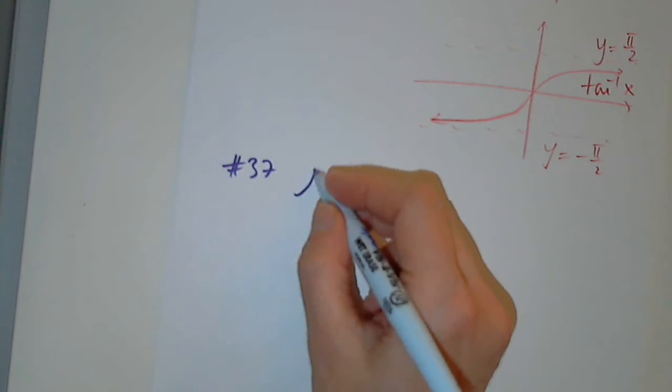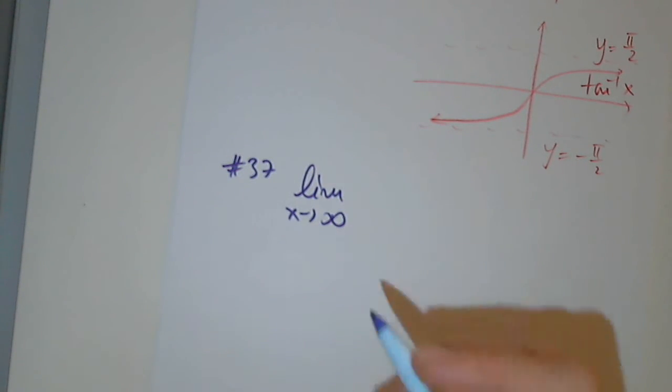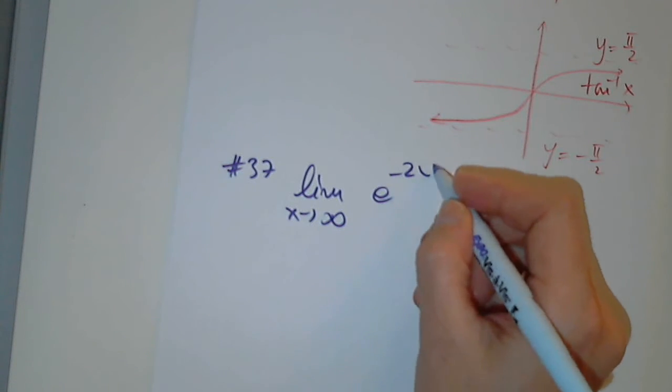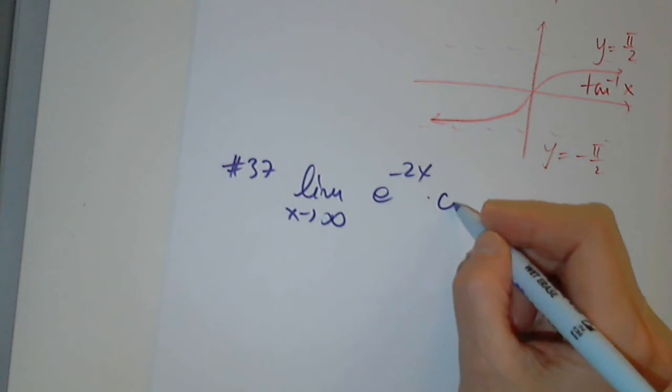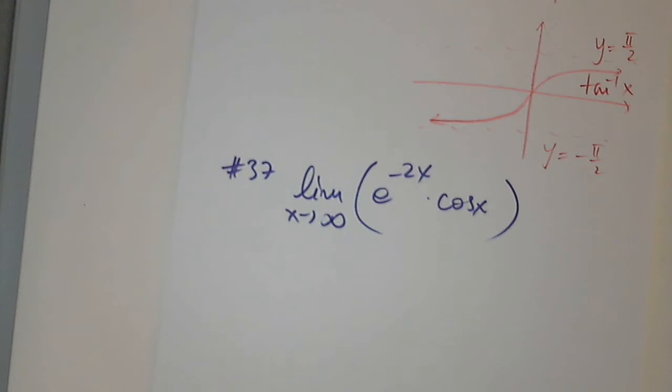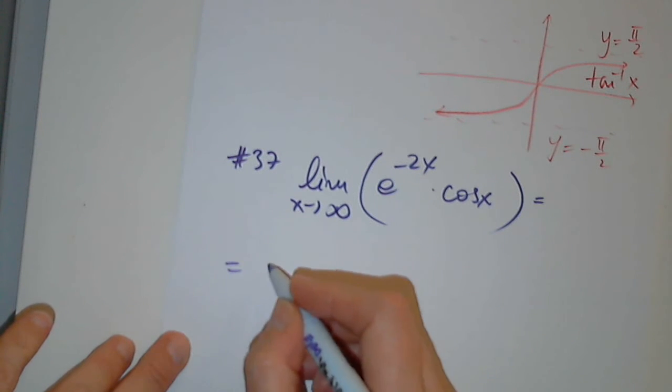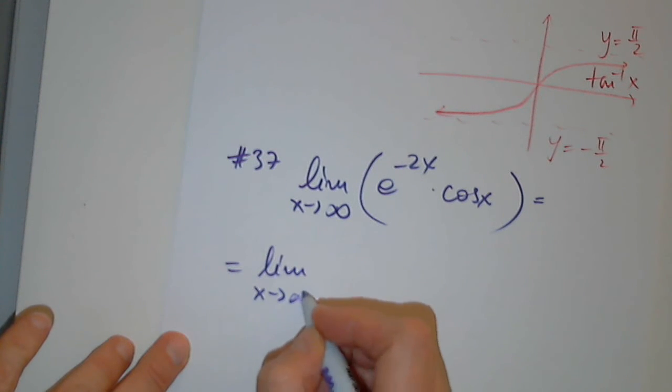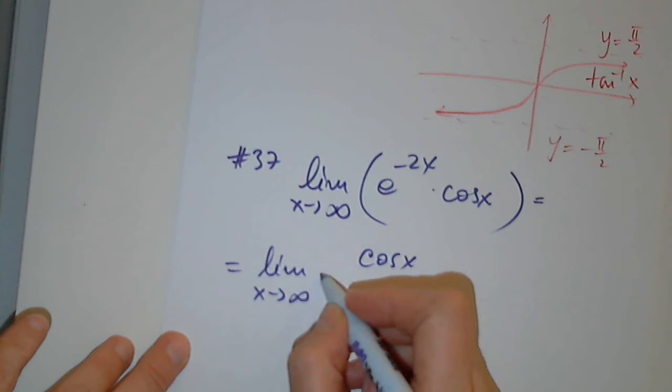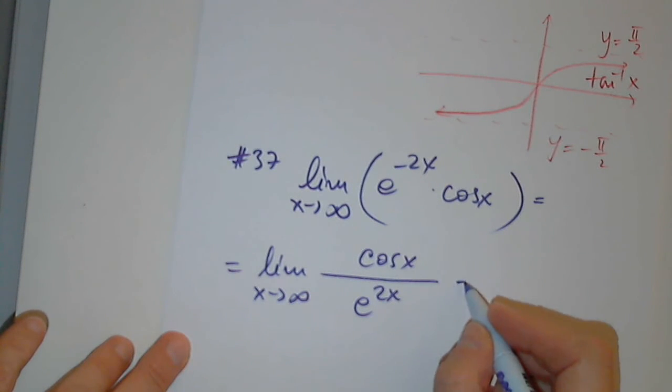In 37 we have limit as x approaches infinity of e to negative 2x times cosine x. Before we plug in, I'm going to present the function in this format.